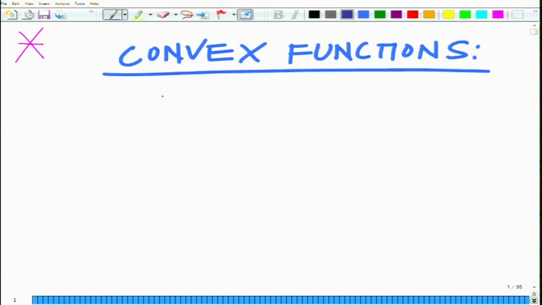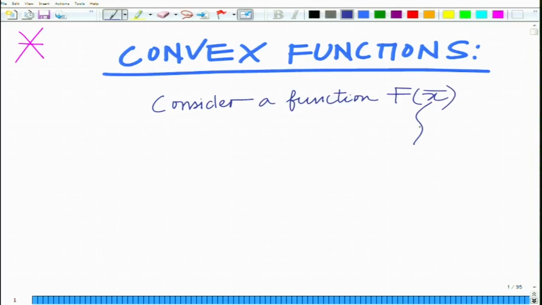A convex function, for instance, can be defined as follows: consider a function f of x bar. Now, x bar can be simply x, or in general it can be a vector. So, you can also have f of x, but in general you can have f of x bar, that is a function of a vector.